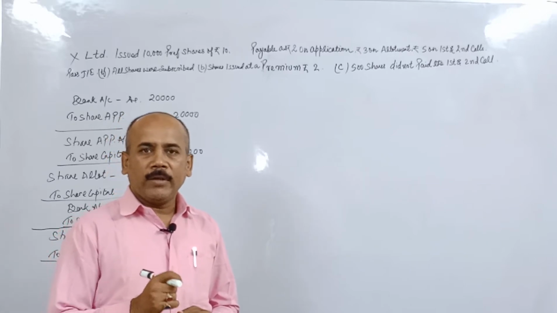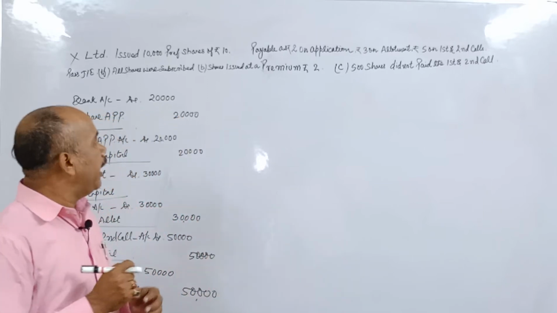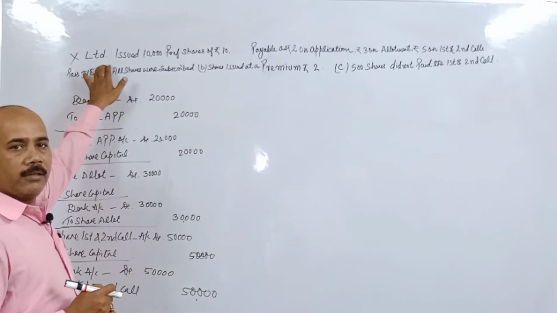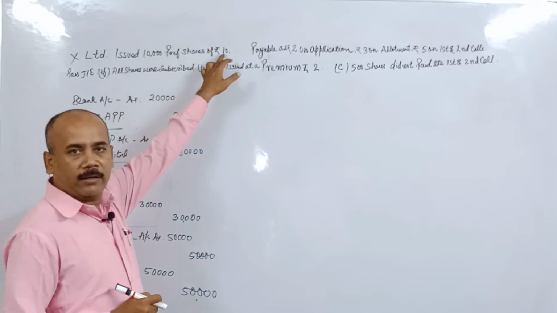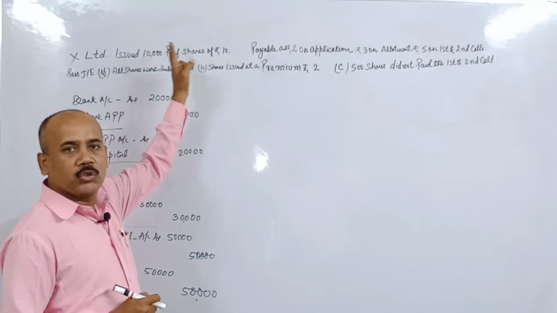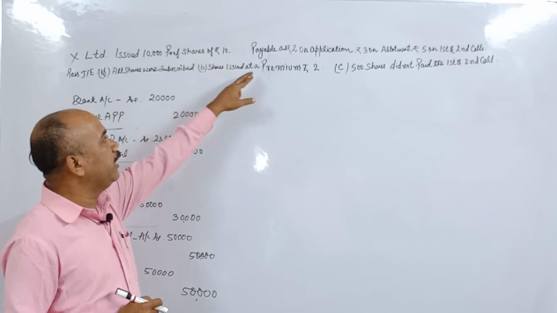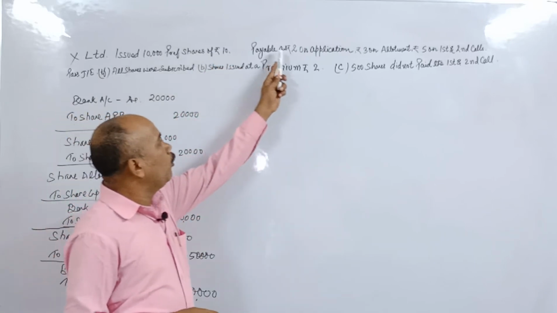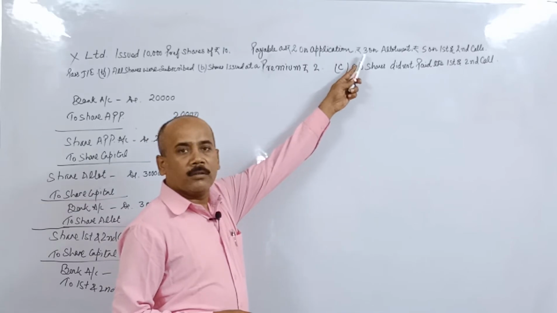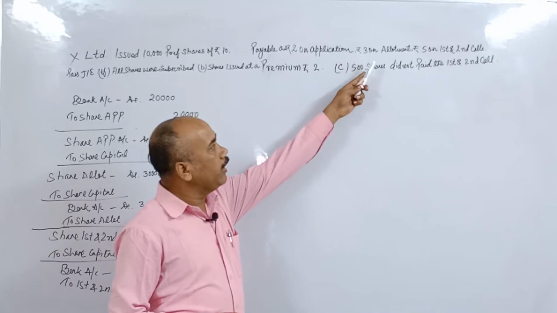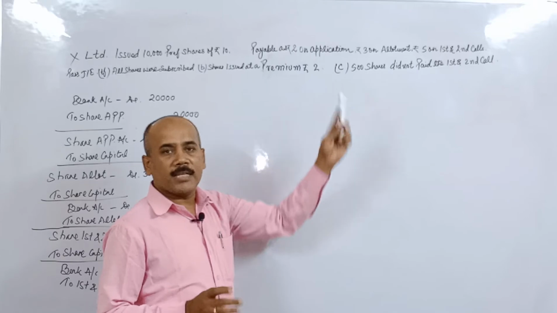Here we are taking an example that X Limited issued preference shares of rupees 10, which is payable rupees 2 on application, rupees 3 on allotment, and rupees 5 on first and second call.